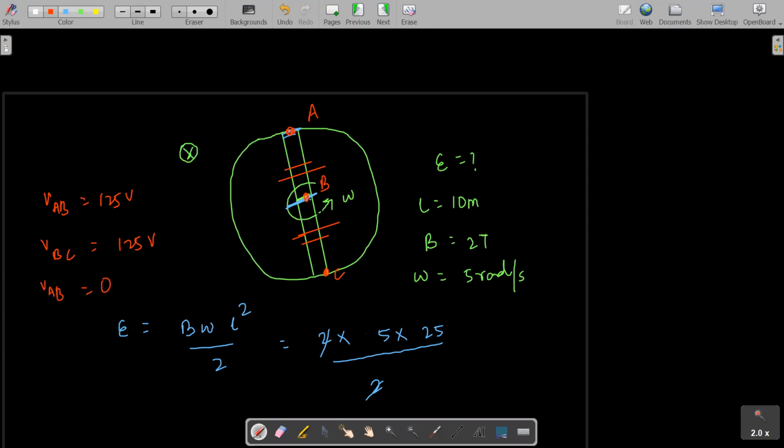Because from A to B you will jump 125 volts, and again the potential will decrease because this is also 125 volts. So the potential difference between A and C is zero, but between A and B it is 125, and between C and B also it is 125. Got my point, students, or not?